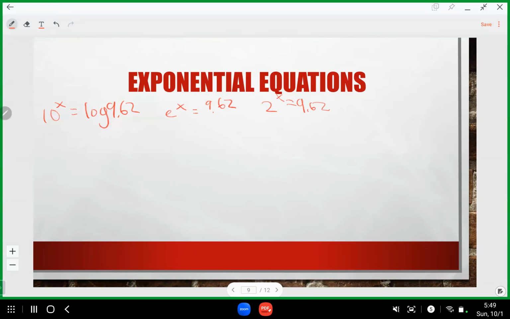Well, you have to convert it back to what? Oh, right. This one I wrote wrong. This one is just 9.62. So how would you do that then?